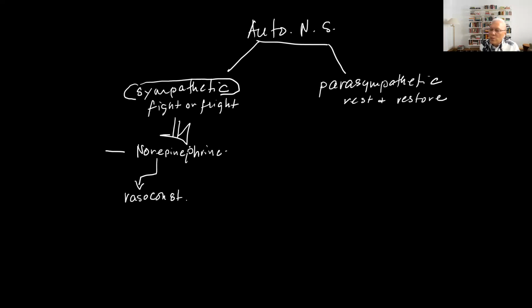So that's the reason why whenever you give adrenaline or norepinephrine, you will see an increase in blood pressure. The other name for epinephrine is adrenaline, and that's why this particular part of the autonomic nervous system is often referred to as the adrenergic system.